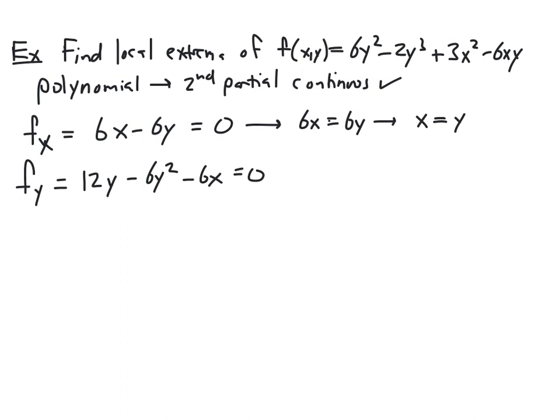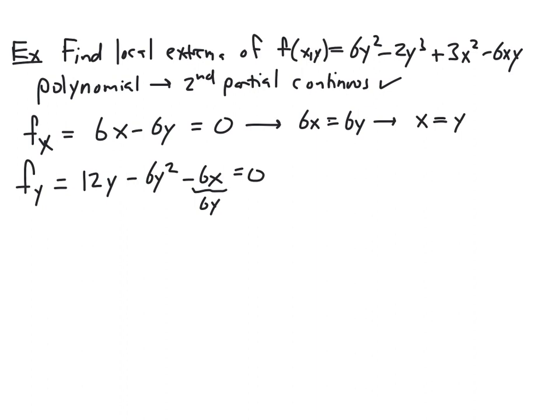But notice that in order to solve this second equation, 12y minus 6y squared minus 6x equals 0, we have to find some relation between x and y, and that's exactly what we just did. We just showed that x and y are exactly equal. So this 6x here is the same thing as 6y.